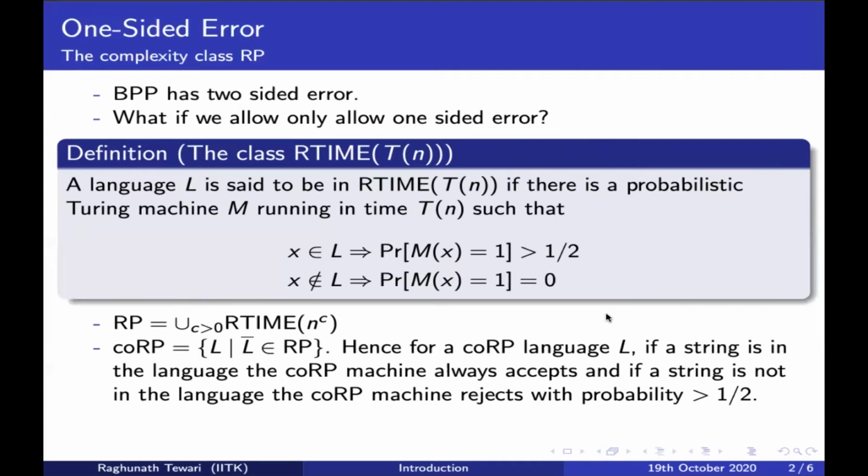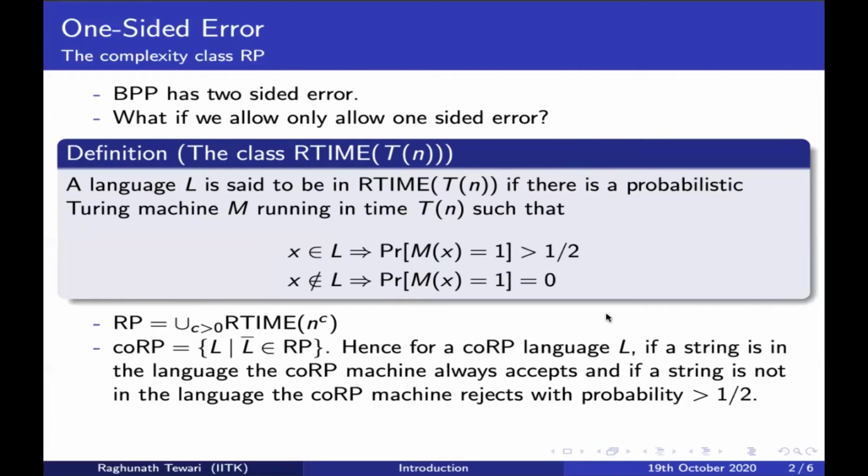I can always do this by repeating the same computation, basically running the same input on the machine again and again. Suppose I take an RTIME machine which has these parameters, that is, if X is in L, then the probability of accepting is greater than half, and if X is not in L, then the probability of accepting is 0. If I run this machine again and again, whenever I have a yes answer, I just halt and output yes. Whenever I have a no answer, I keep on repeating this experiment.